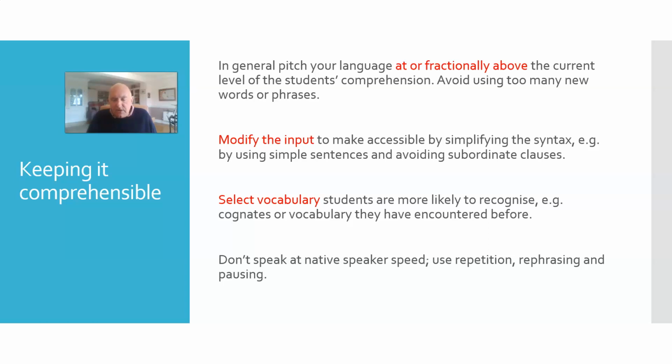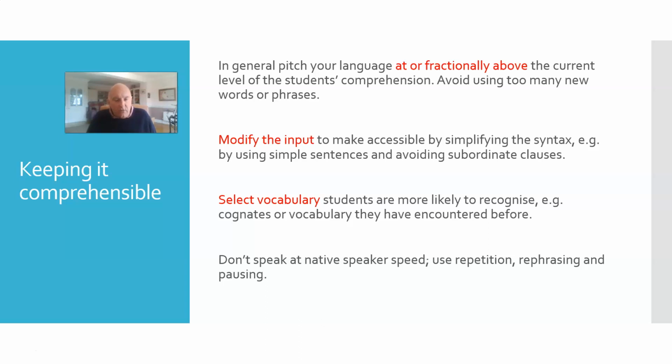I was watching a presentation the other day by vocabulary researcher Paul Nation, a very famous researcher in the field, who's talking about the importance of controlling the vocabulary, limiting the vocabulary that students are exposed to. And that for us, if you're teaching a language like French or Spanish, can involve making sure you include cognates or vocabulary that they've encountered before.